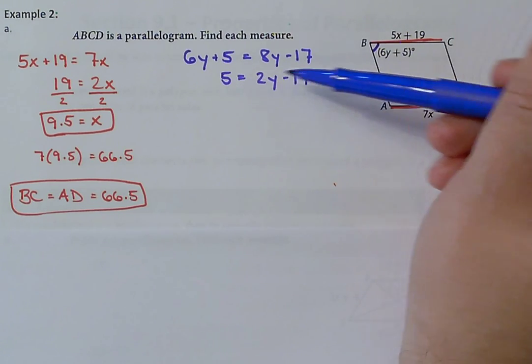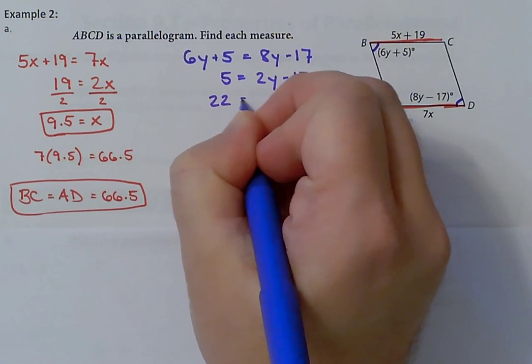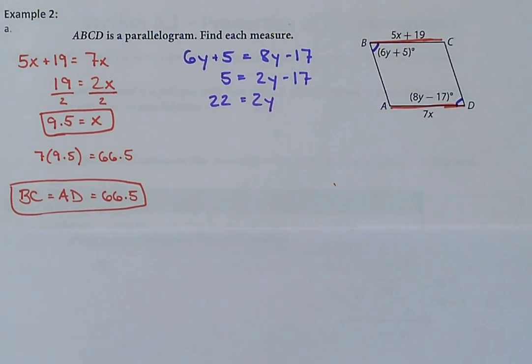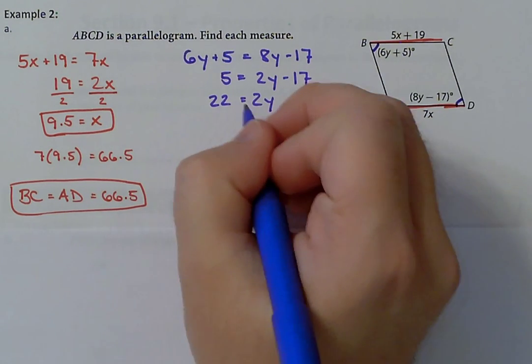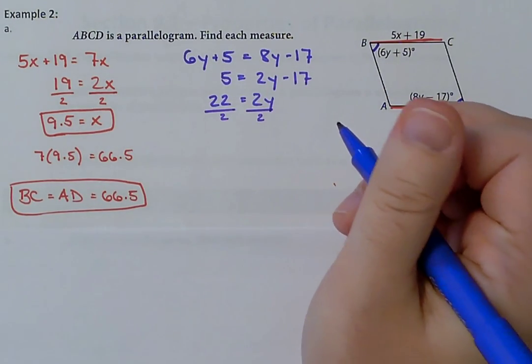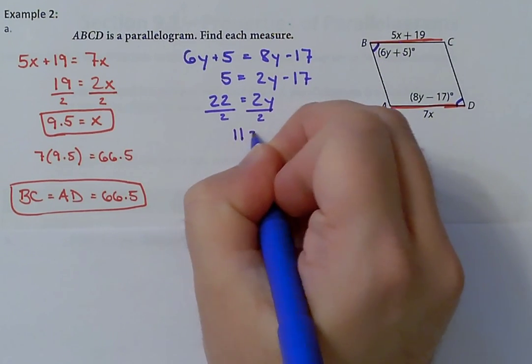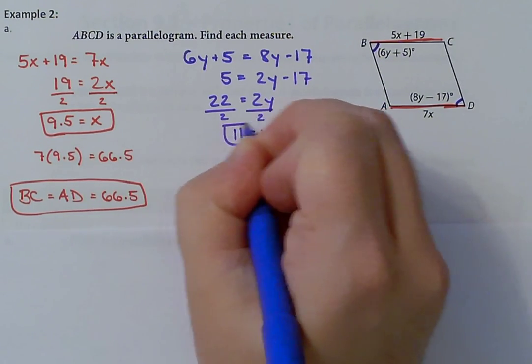So 5 plus 17 gives us 22. So I now have 22 equals 2y. For my last step, I just divide by 2 on both sides to figure out what y equals. 22 divided by 2 is going to give me 11 for y.